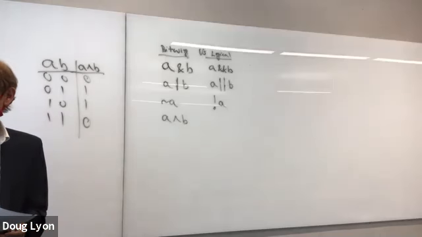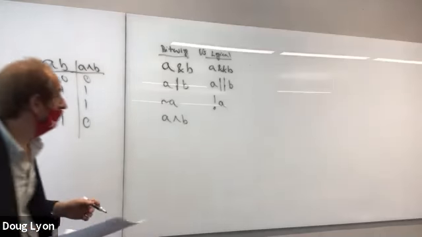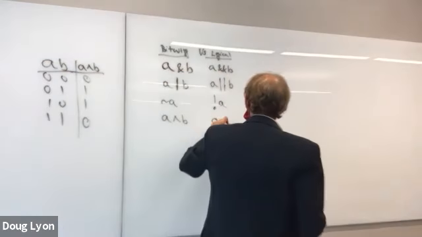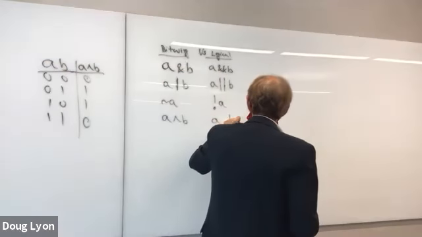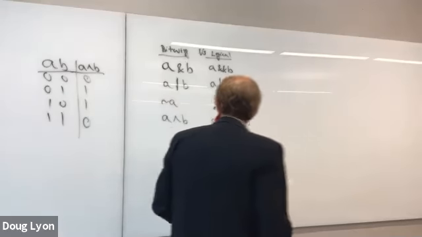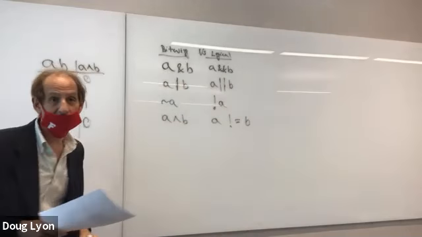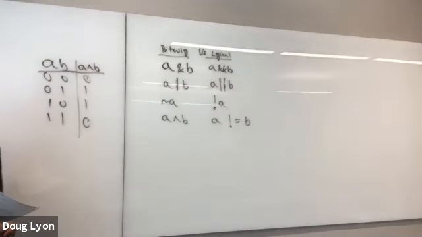Not equal. Exclamation equal. So A is not equal to B. That's what A exclusive OR B ends up doing when you look at the truth table.